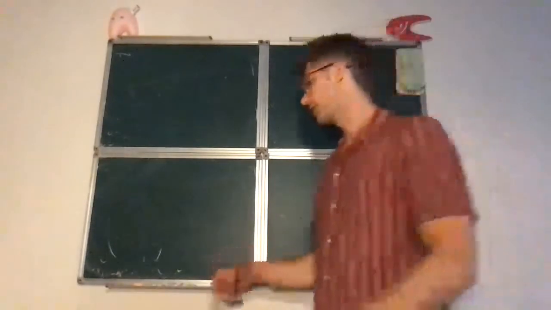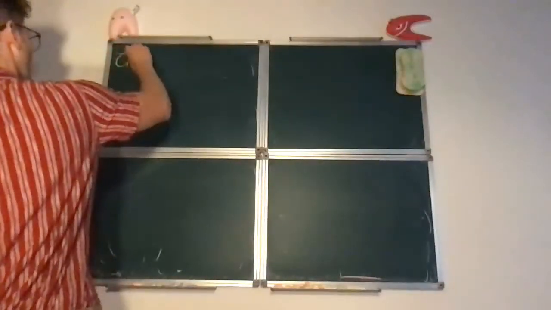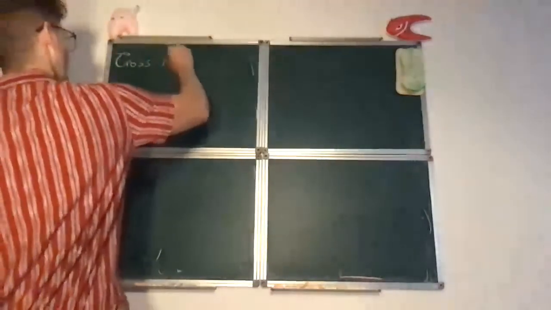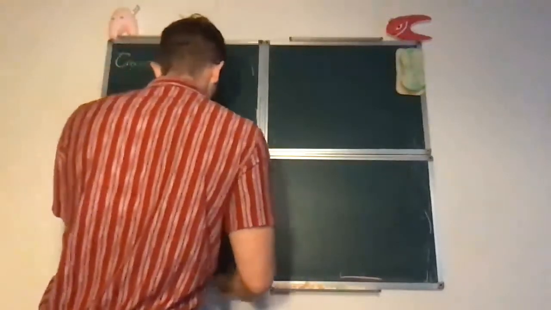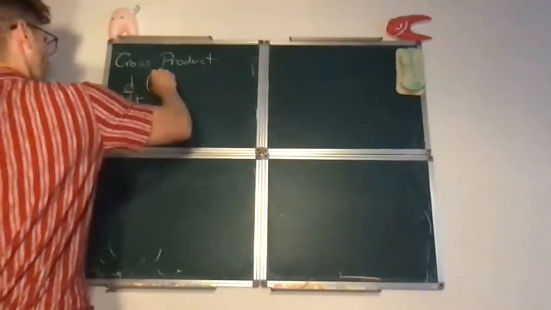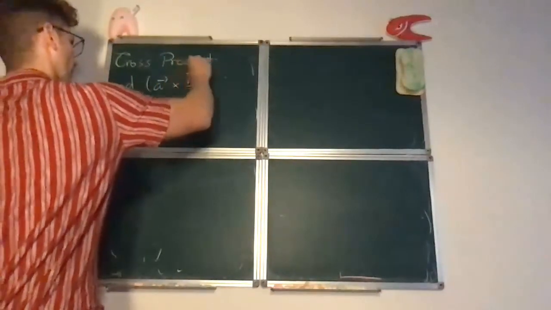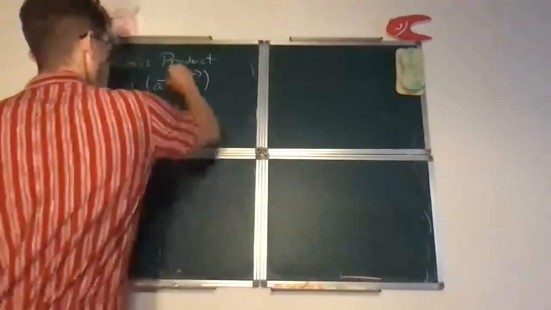The last differentiation rule is the one for cross product, which again is similar to the one for dot product, but you just have to replace dot with cross.